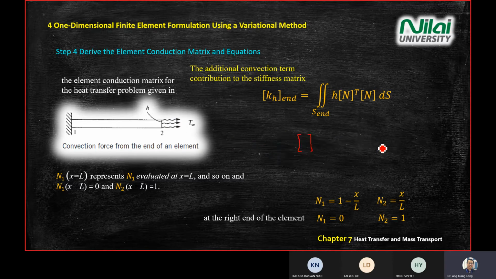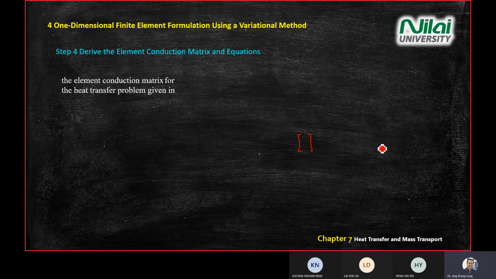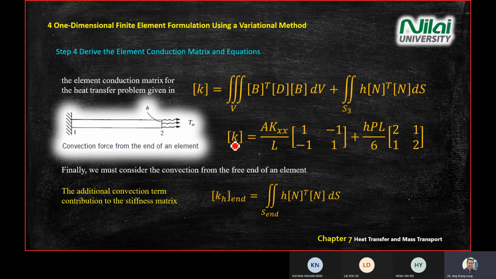So meaning when you come to step 4, you're looking at these 3 equations. First set, if you have a conduction. Second set, you have a convection.